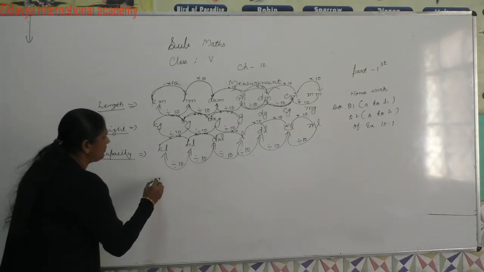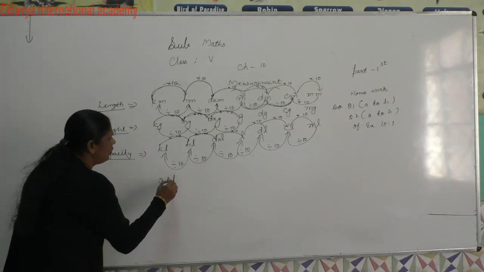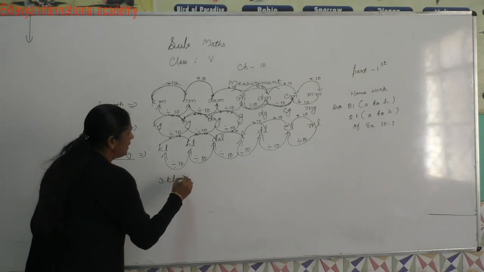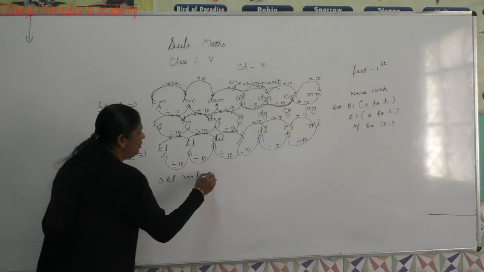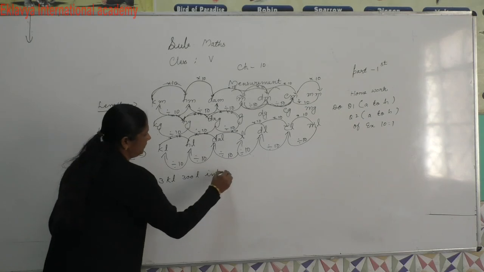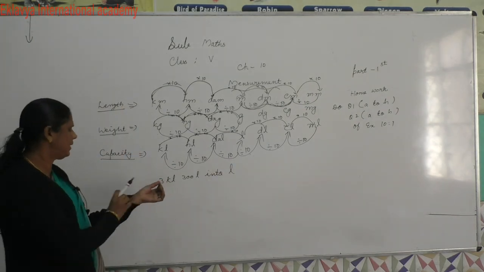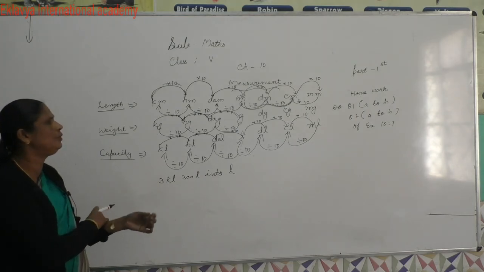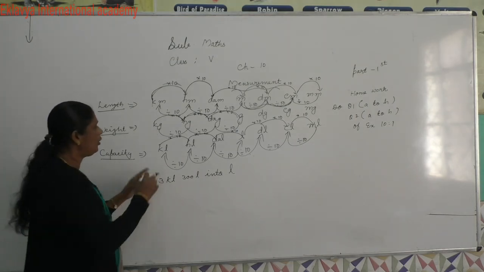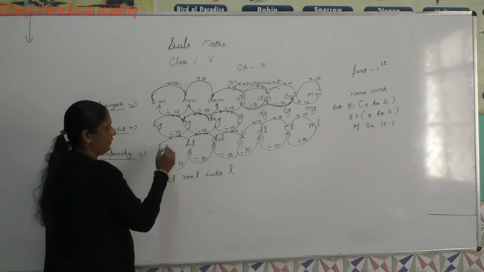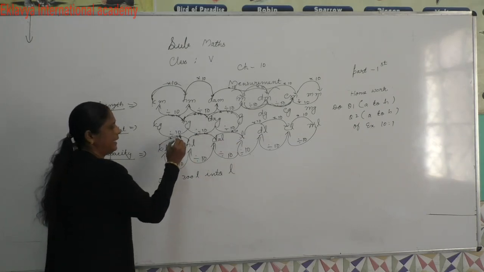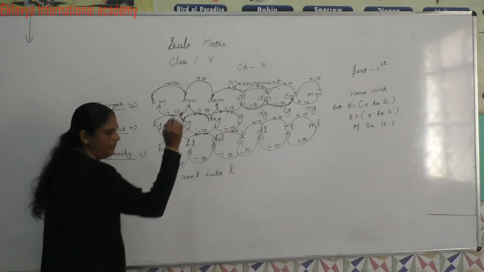Now 3 kiloliter 300 liter into liter. Convert 3 kiloliter 300 liter into liter. Kiloliter into liter. Then how many steps we move? 1, 2, 3. That is 10, 100, 1000.